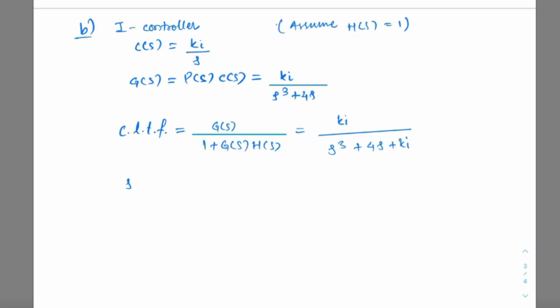Although, if you remember, using a derivative controller alone is not generally recommended, because the derivative controller can amplify the noises in the input, and hence cause the system to have some issues.